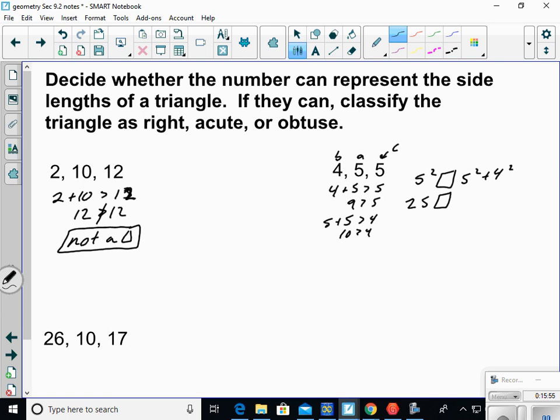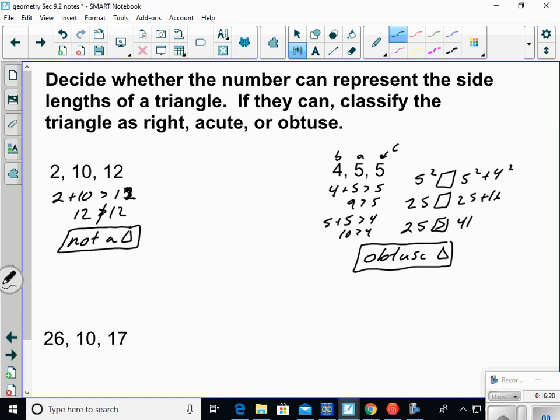We're going to compare that to 25 plus 16, or 25 compared to 41. In this case, 25 is greater than 41. So C squared is greater than A squared plus B squared. So that makes this an obtuse triangle.